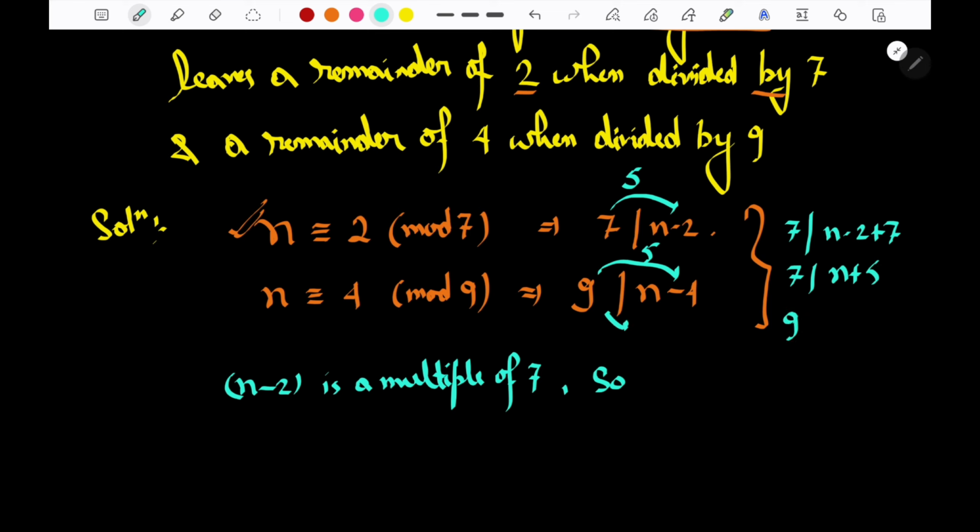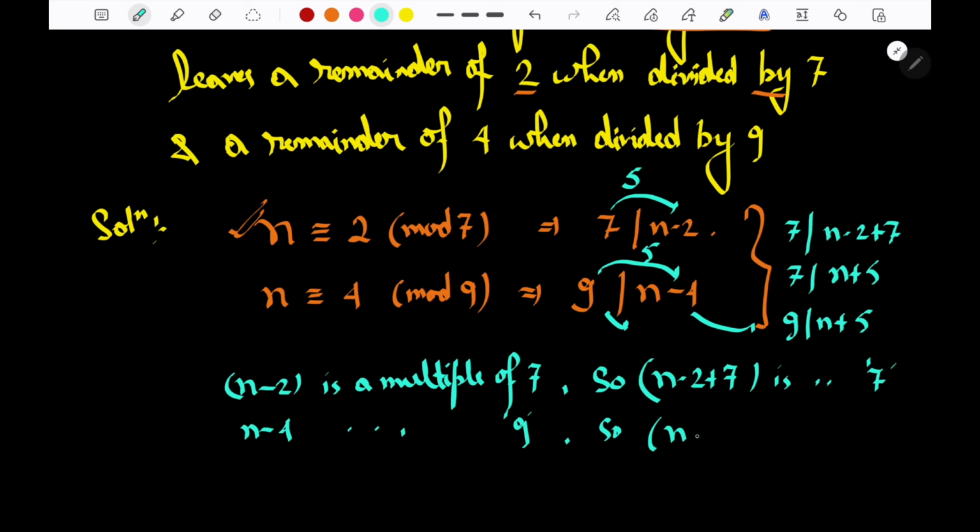Similarly, 9 will divide n plus 5. Why? I added 9 to n minus 4. So n minus 2 is a multiple of 7, so n minus 2 plus 7 is also a multiple of 7. Why? Adding 7 doesn't change the multiplicity. Similarly for the second part, n minus 4 is a multiple of 9, so n minus 4 plus 9 is a multiple of 9.